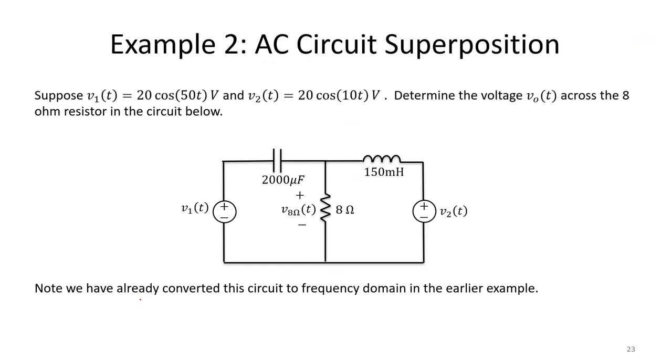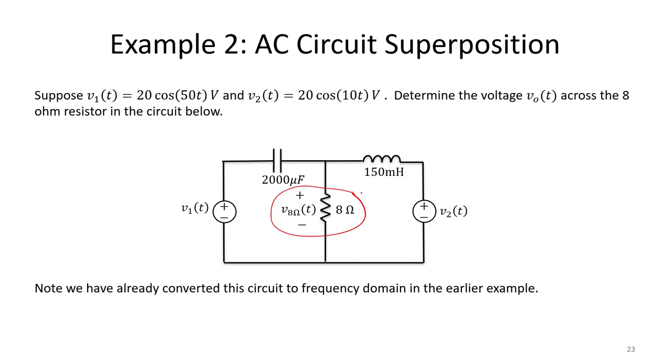So let's consider this example. You'll see this is the same circuit that we looked at earlier in our review question at the beginning of the video. Here we are given our V1 and V2 voltage sources, and we want to find the voltage across our 8 ohm resistor.